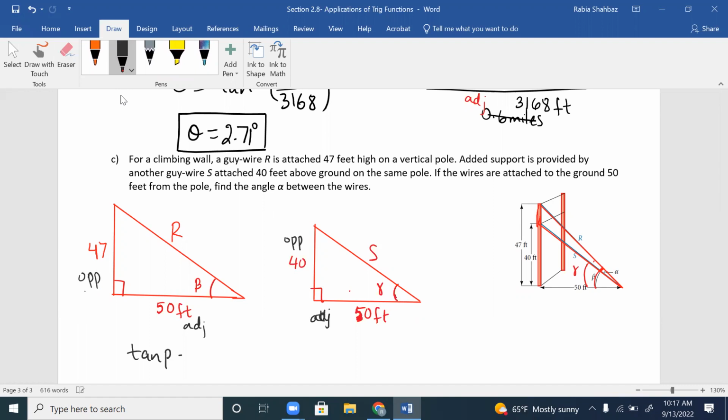Tangent of beta is equal to 47 over 50, and here tangent of gamma is equal to 40 over 50. So if I do tan inverse, then beta is equal to tangent inverse of 47 over 50, and gamma is tangent inverse of 40 over 50.